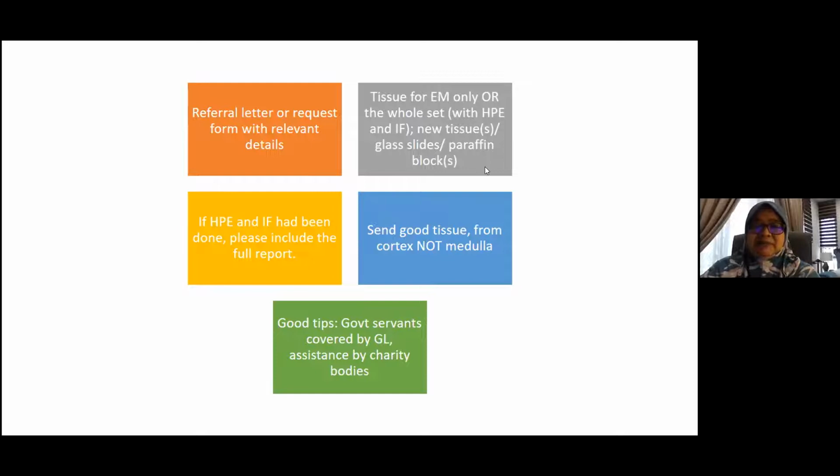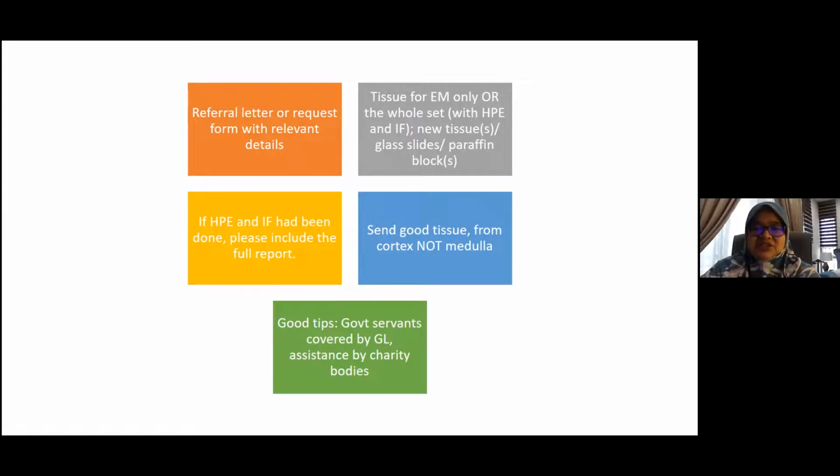So preferably, you send in the whole set, the HPE, the IF, as well as the tissues for EM. But if you just decide to send in the EM, please provide me the reports of the HPE and the IF that had been done. And this is more for the nephrologist: send in a good amount of tissue from the cortex, not from the medulla, so that we can really identify the area of interest.